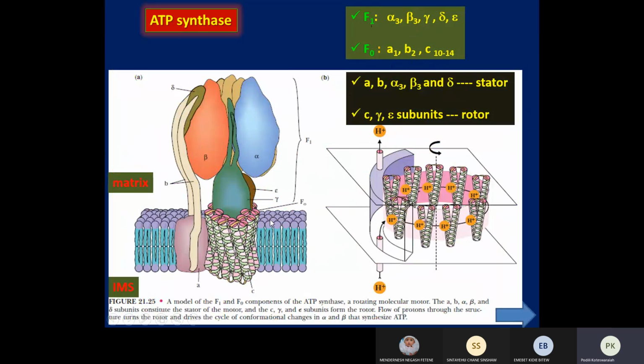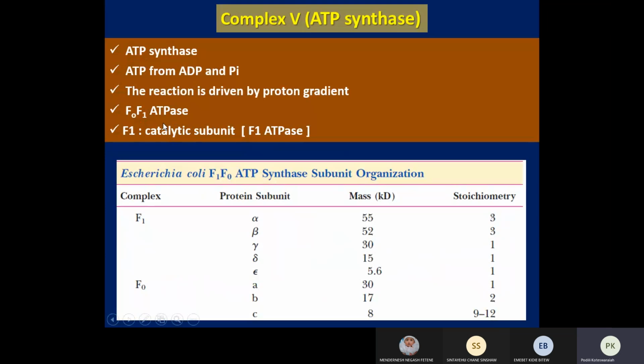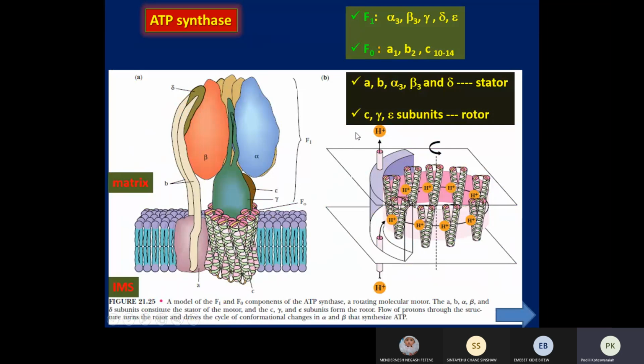So it has the F1 complex and the F0 complex. The F1 complex is the catalytic part, and the F0 complex is embedded in the membrane.